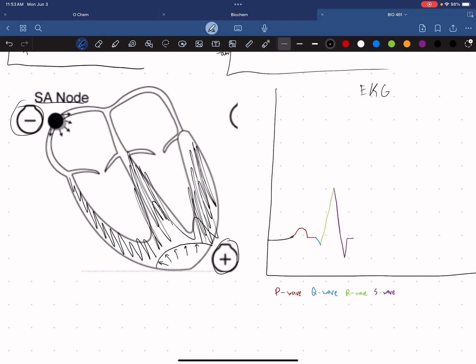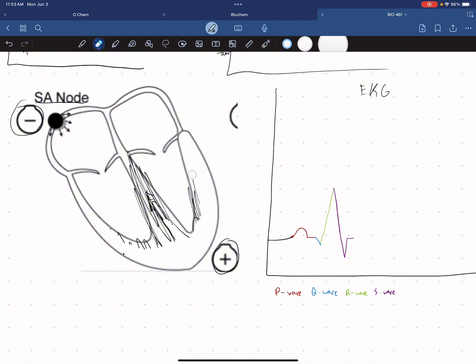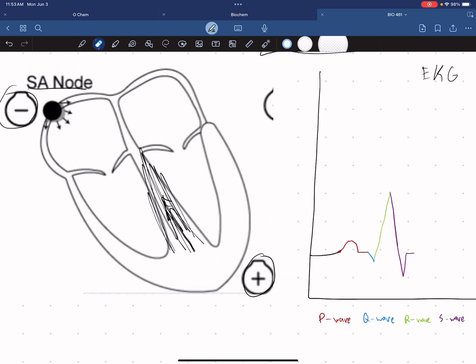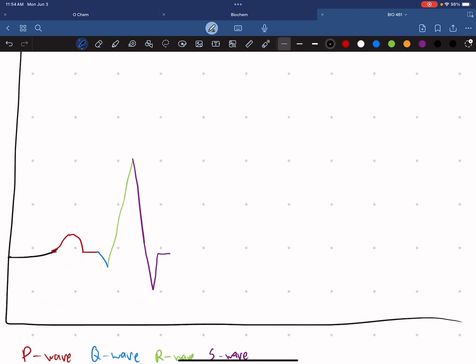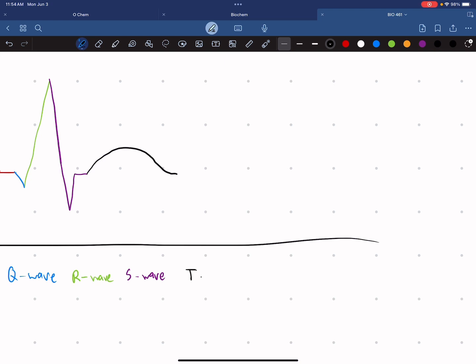These average vectors will go this way, and more of this electrical field will be moving up through the heart and will be taken away like this. And once all of this depolarization electrical field goes back to normal, it will look like this. And this is called our T wave.